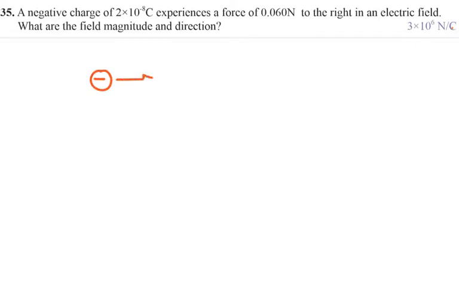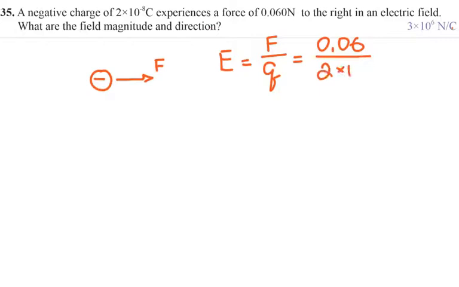There is a force acting on it to the right, and I want to calculate the electric field at that point. So the electric field is equal to the force per charge. They give me the charge and the force, so that's 0.06 divided by 2 × 10⁻⁸. Looks like that is going to be equal to 3 × 10⁶ newtons per coulomb.